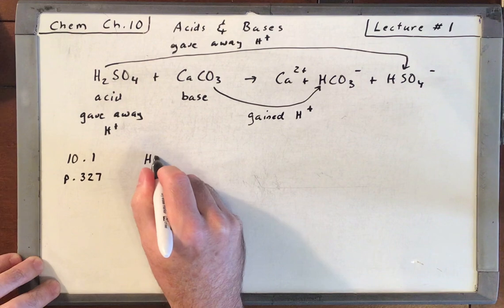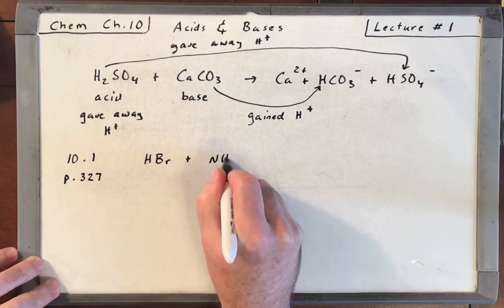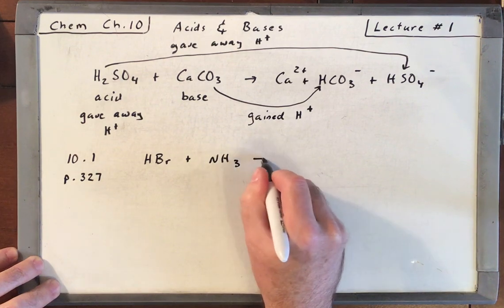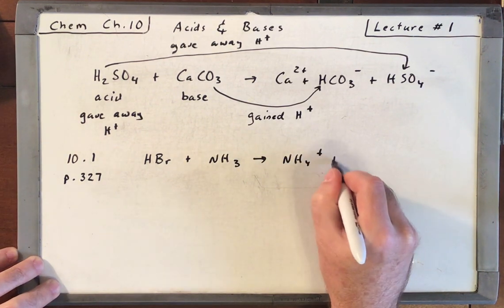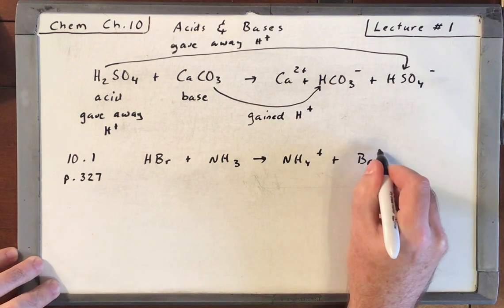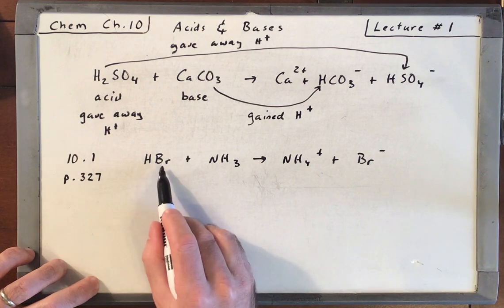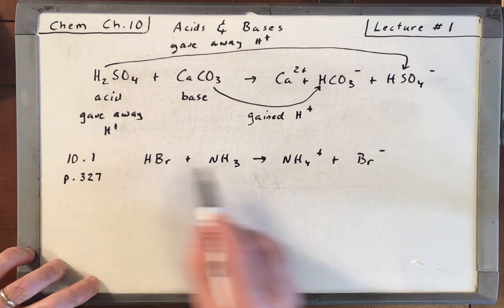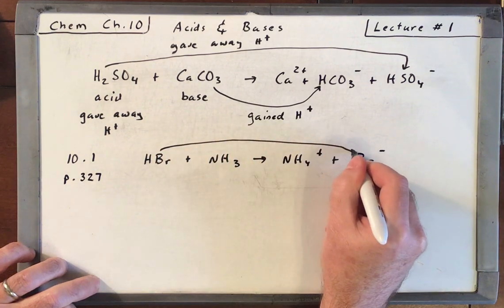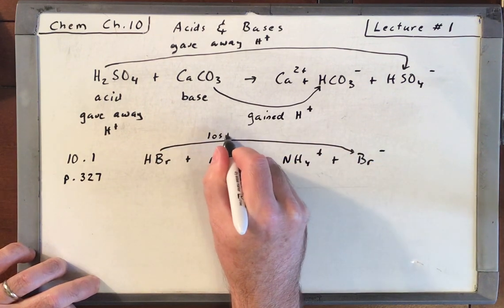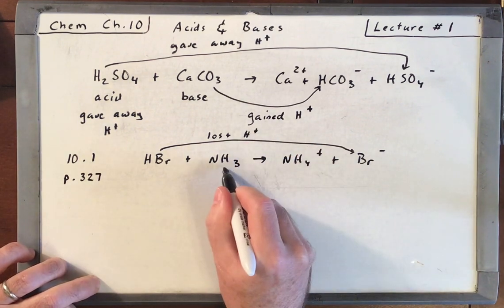We have HBr plus NH3 makes NH4 plus Br minus, bromide ion. You can see HBr went just to Br minus, so it lost a hydrogen, or you can say a hydrogen was donated.